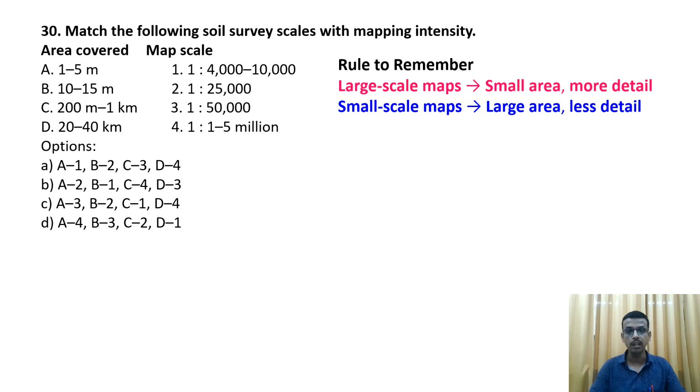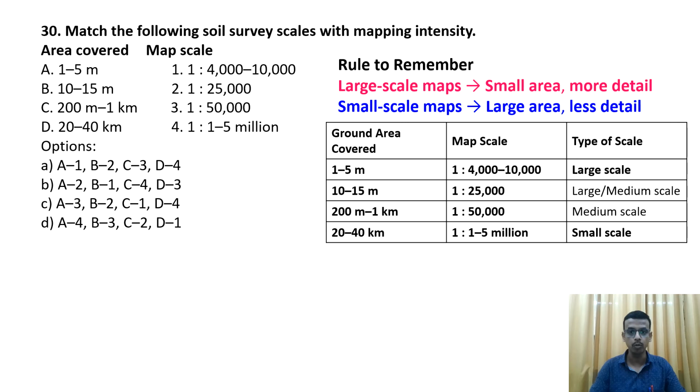Match the following soil survey scales. You see what the thing is: the larger the scale, the map covers a small area with more detail. A small scale map means larger areas, less detail. You see, ground area covered 1 to 5, map scale is 1:4,000 to 10,000. This is large scale. 10 to 15 meters ground covered. Map scale is 1:25,000. That is large to medium scale. Then the 1:50,000 scale is used for an area of 200 meters to 1 kilometer.